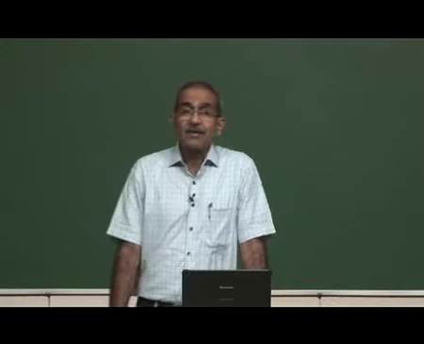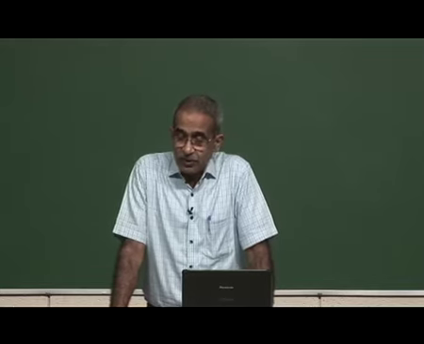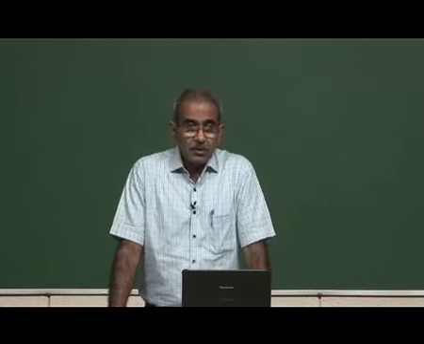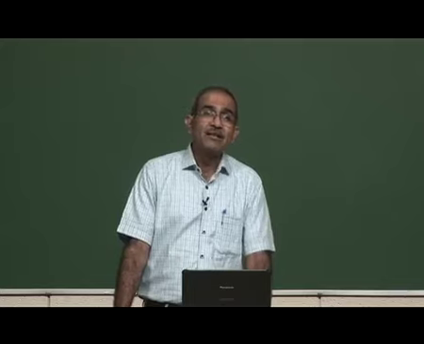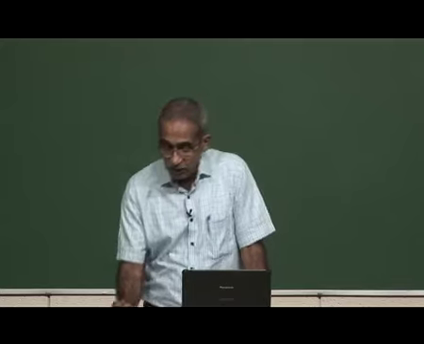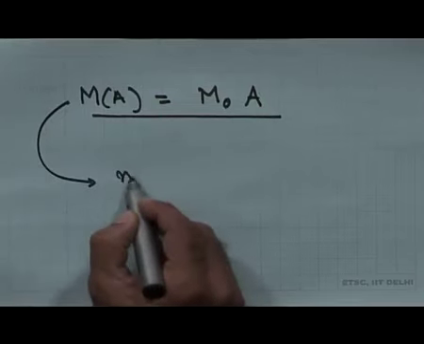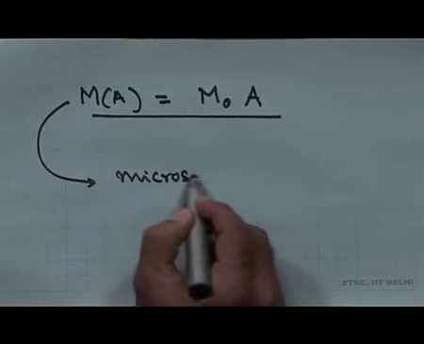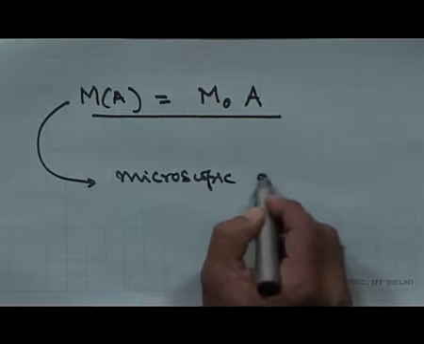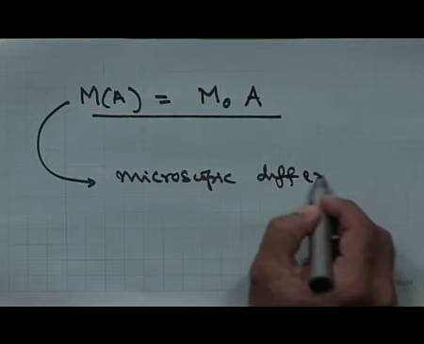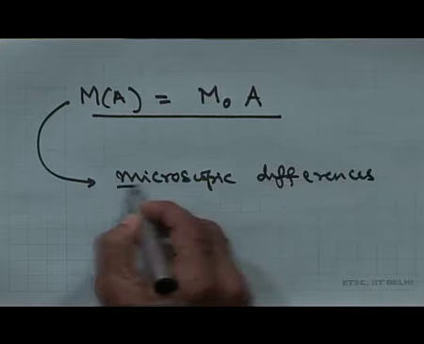This is a very excellent starting point for us to understand the properties of the nucleus, but as they say, the devil lies in the details, and now what we want to do is to look at the microscopic differences. And that is what I started with.